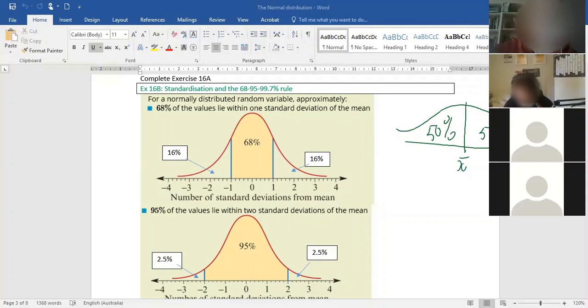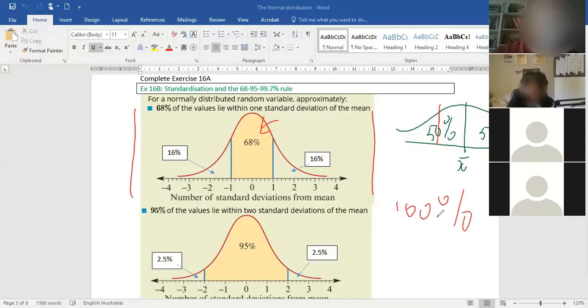If we go one standard deviation away from the mean, we get 68% of the data in there. Remember, the whole data has to be 100%. So if I've got 68% one standard deviation from the mean, I have 16% in each side. Then we can go two standard deviations from the mean. That means I've got 95%, which means 5% is left over, 2.5 on each side.